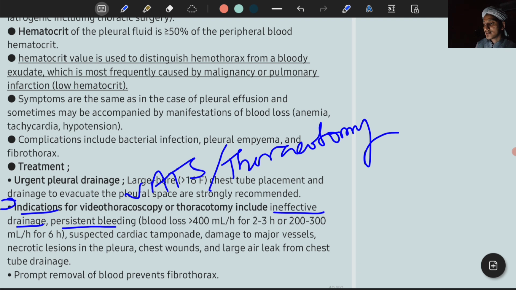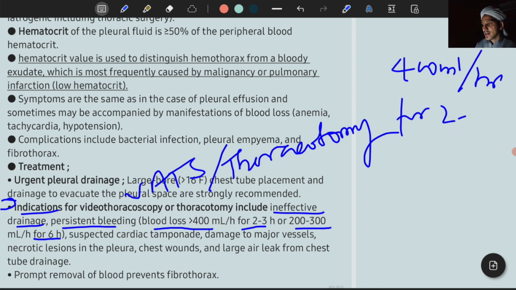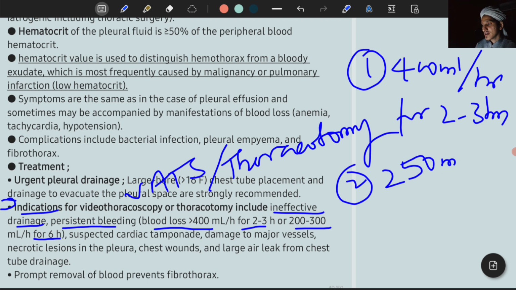What is persistent bleeding? Blood loss of more than approximately half a liter per hour for 2 to 3 hours, or blood loss of approximately 250 ml per hour for 6 hours.